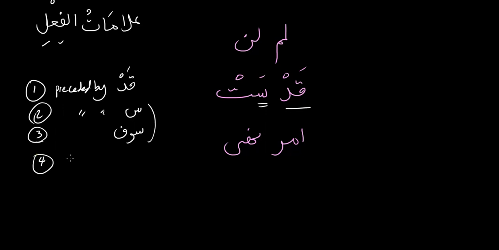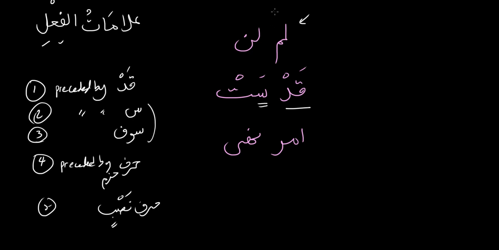Four, it's preceded by harf jazm, which is lam. And number five is preceded by harf nasb. That's over here.